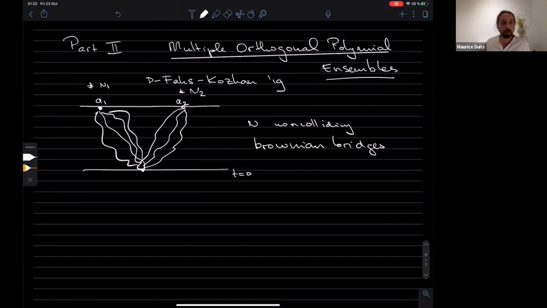Here there's an endpoint A1, and here there's an endpoint A2, and they are different. Okay. And if you would cut this model somewhere halfway, and look at these points here, then the distribution of those points is a bi-orthogonal ensemble, but that's actually an example of a multiple orthogonal polynomial ensemble. So typically when you have non-intersecting paths that have one starting point or densely packed starting point and two endpoints or two groups of densely packed points, then you actually have multiple orthogonal polynomials.